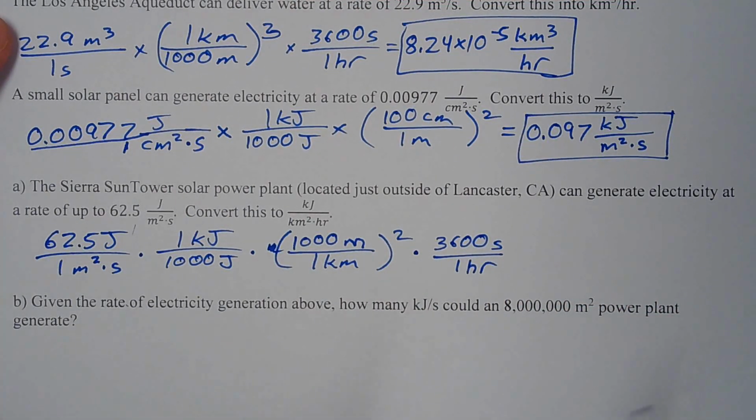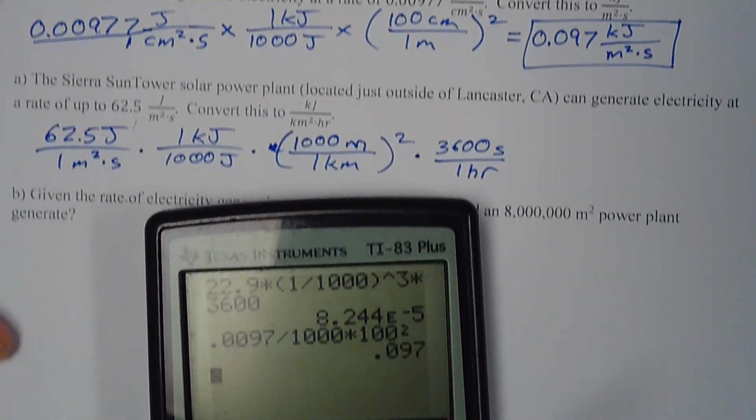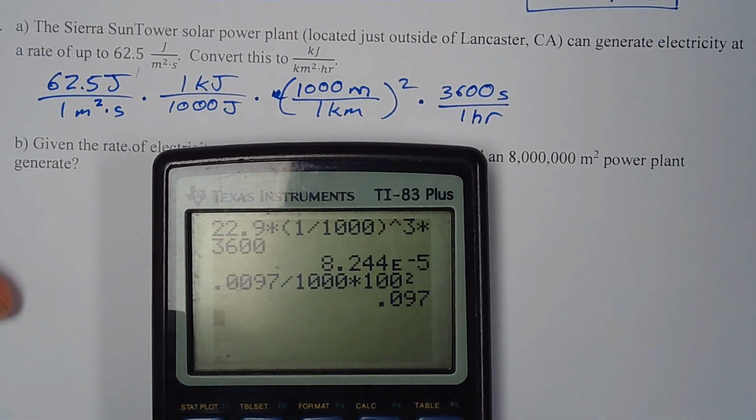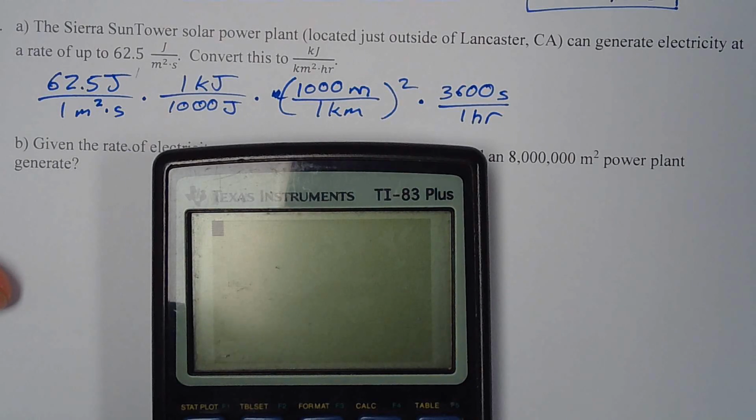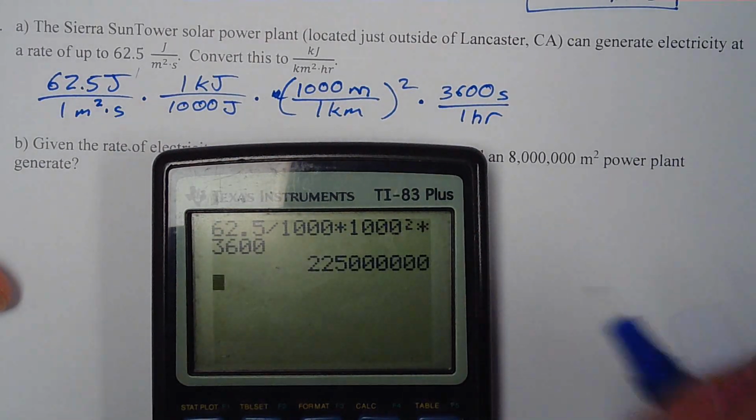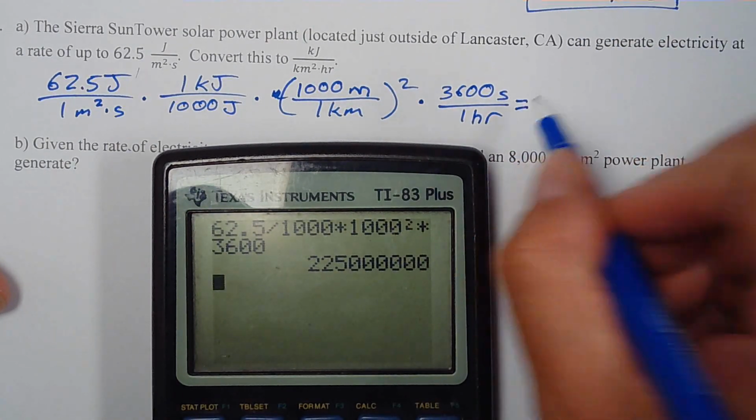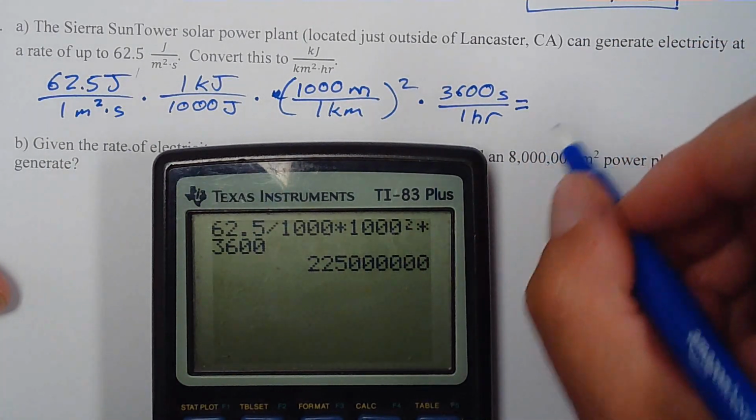Okay. So throw it all in your calculator. 62.5 divided by 1, which really doesn't count, divided by 1,000, which does count, times 1,000 squared, times 3,600. That gives you a number that's on the upper limit of what we can express without scientific notation.